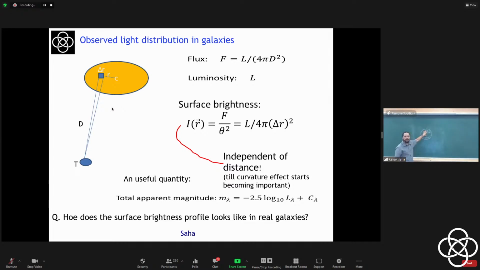What I plan to do is basically get you familiarized with the distribution of light in a galaxy and quantify how many stars are in the galaxy, and eventually look at the physics of galaxies, like what galaxies actually are. Of course, we already know what galaxies are, because you have seen lots of images and pictures of them.